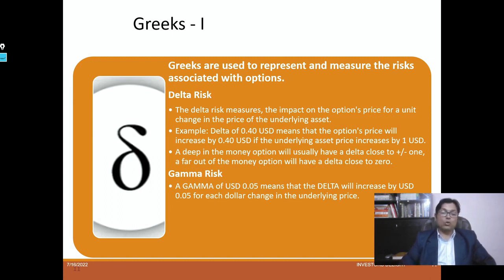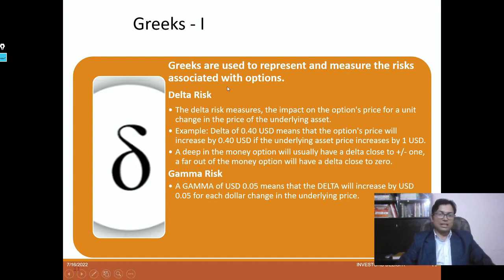A far out of the money option will have a delta close to 0. So if something is in the money, its delta will be close to 1. If it's out of the money, its delta will be close to 0. And a delta close to 0.5 means that the option price will increase by 0.5 USD if the underlying asset price increases by $1. So this is what you have to understand.